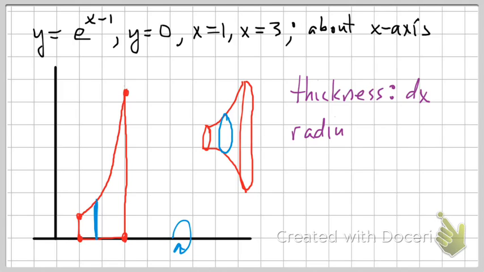Now, since we're making disks, the only thing that matters there is the radius, and that blue line represents the radius of that particular disk if I spin it around, right? And what is that blue line? E to the x minus 1 minus 0. This is y equals e to the x minus 1. This is y equals 0. Top minus bottom, right? Big minus little. In this case, that means top minus bottom.